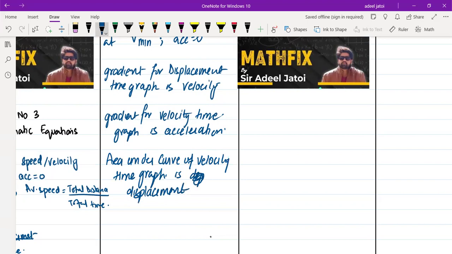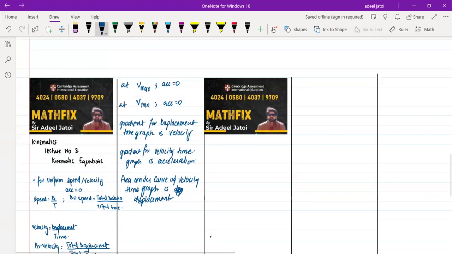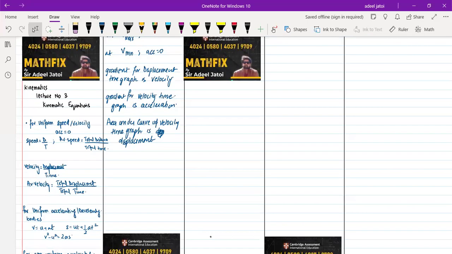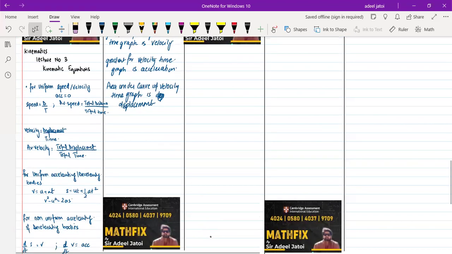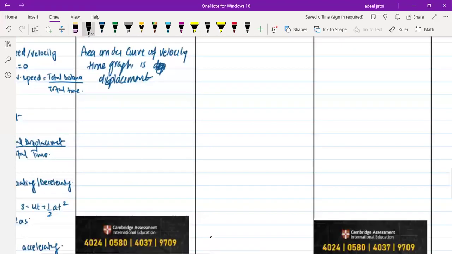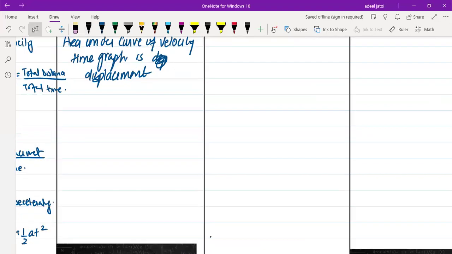Now, these were the pointers we actually worked upon in lecture 1 and lecture 2 as well. So let's just create a question for us to understand this. Let's say a particle moves in a straight line.